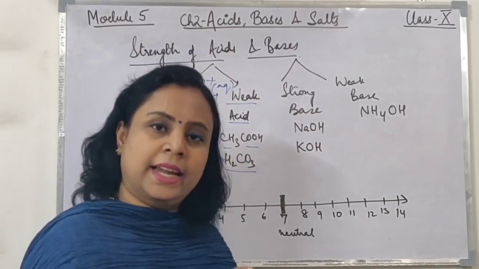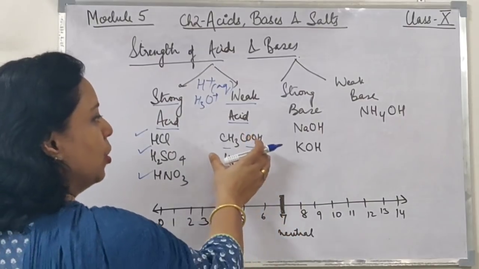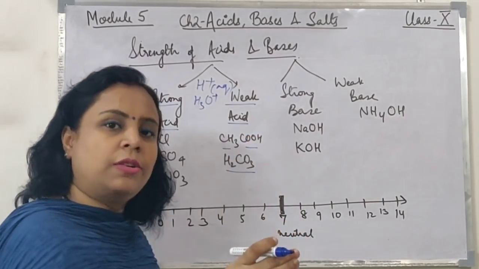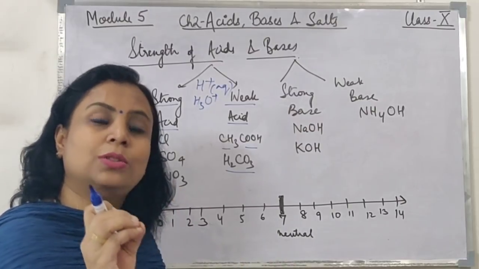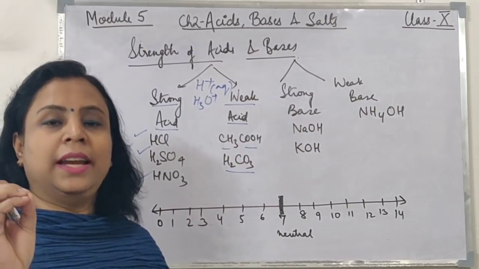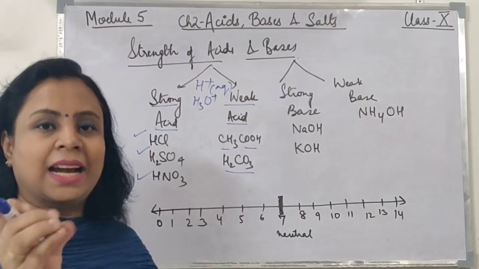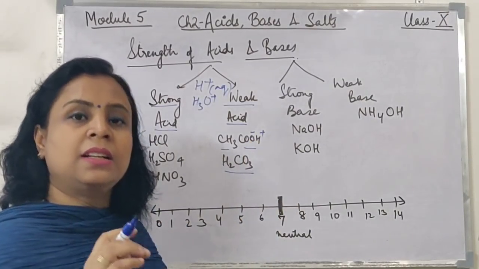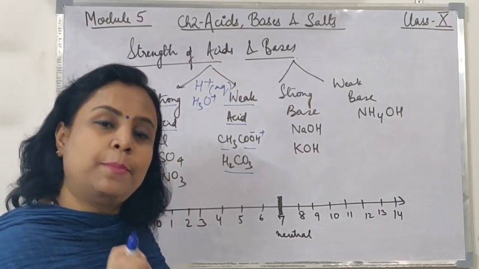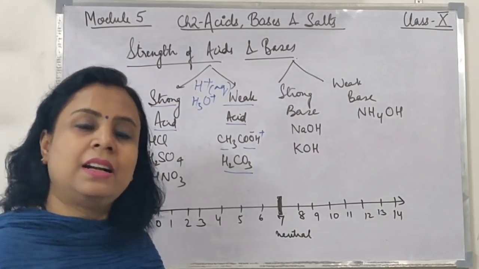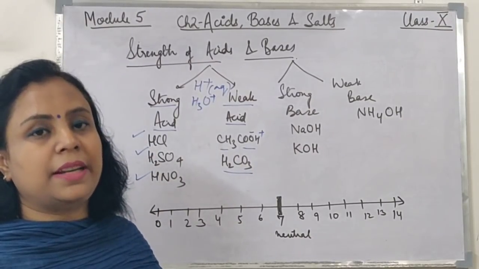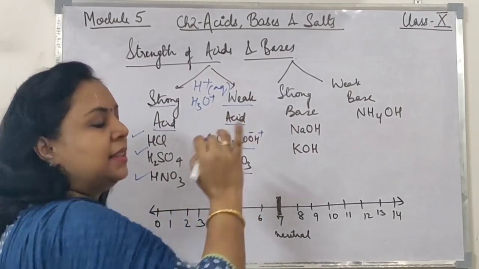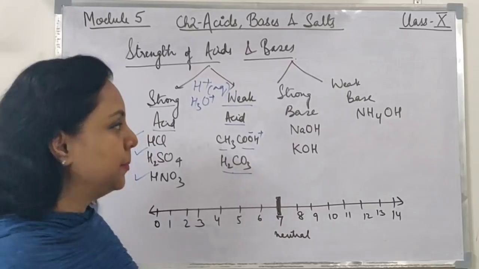This means when they are dissolved in the solution, most of them will be in their molecular form only. They will not dissociate into H plus and acetate ions. The dissociation will be very poor, and a very small number of H plus ions will be released. Similarly with carbonic acid. So we will say these are weak acids.